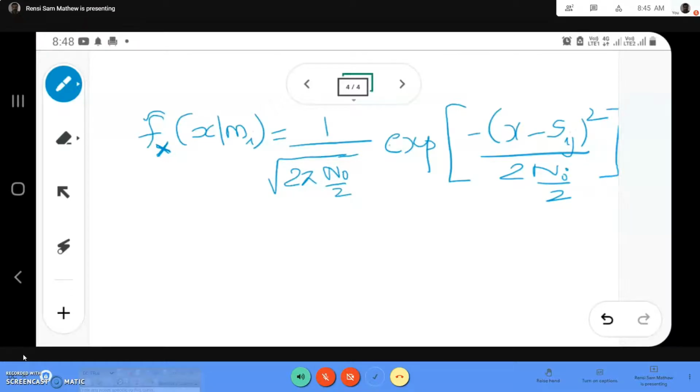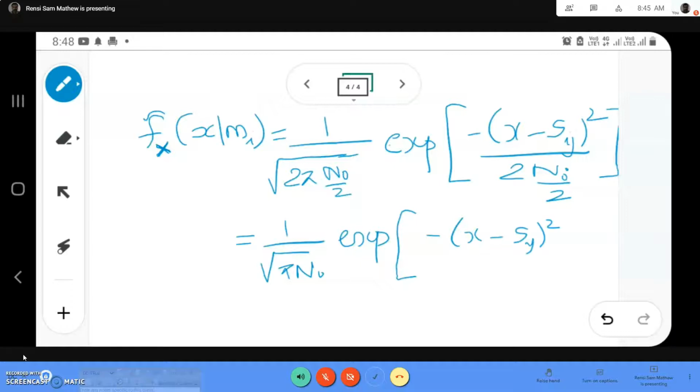This gives the expression 1 by square root of pi n0 into exponential of minus x minus s ij the whole square by n0. This is our conditional probability function for one particular message mi that we transmit, and x is the received vector.